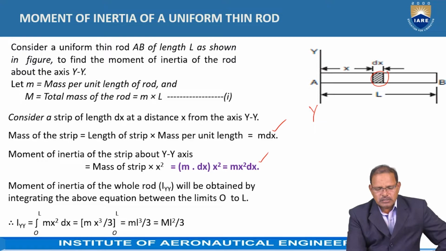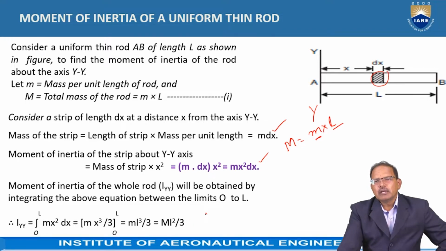But capital M, the mass, is equal to m into L, where small m represents mass per unit length and L is the length of the body. Hence the remaining expression is M L square by 3. This represents the mass moment of inertia of a uniform thin rod about its one end, that is, about the y-axis.